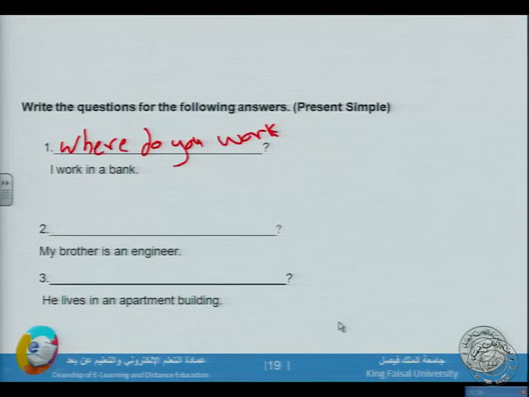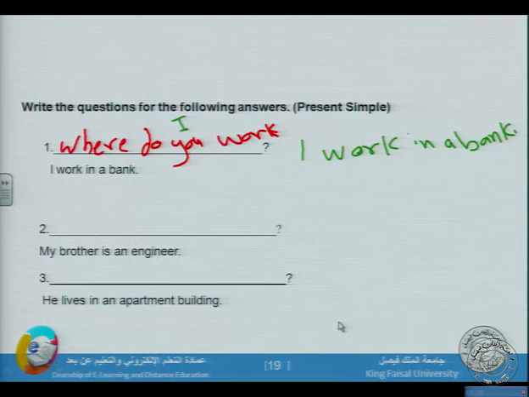Where do you work? نحكي I work in a bank. واحد ما بيصير يعني مش منطقي واحد يسأل نفسه do I work? Where do I work? Okay, so where do you work? I work in a bank. And please do this one and number 3 by yourself. Make questions for these two statements.